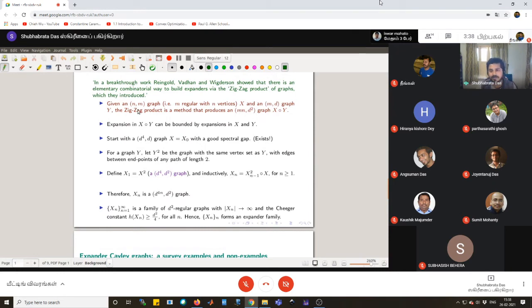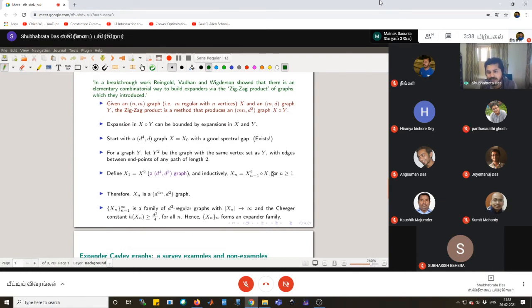So what would the parameters of xn be? xn minus 1 would be d to the 4 times n minus 1, and the degree would still be d squared. Now if I take the square of xn minus 1, the parameters would be d to the 4n minus 1, d to the 4.